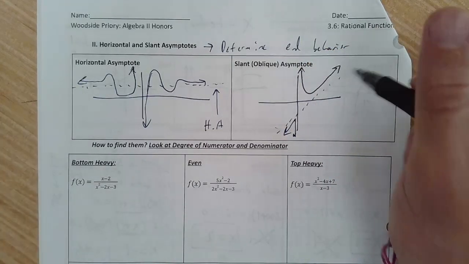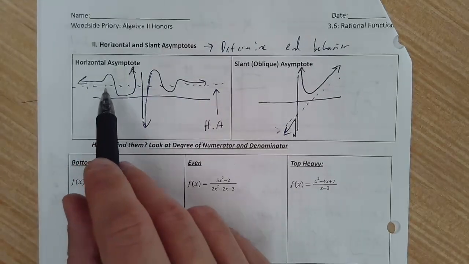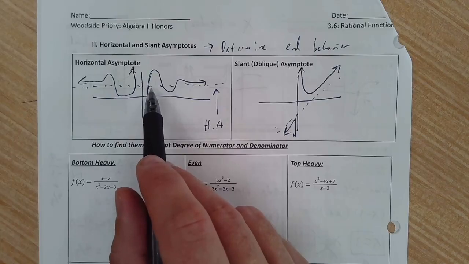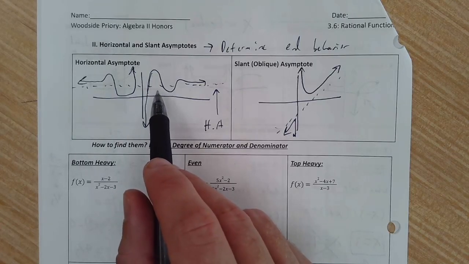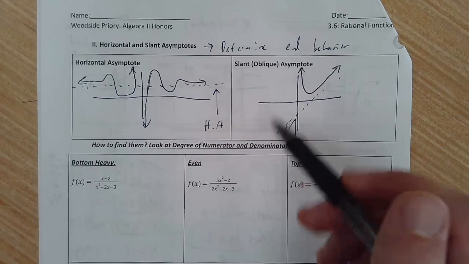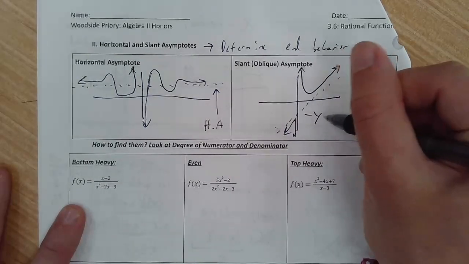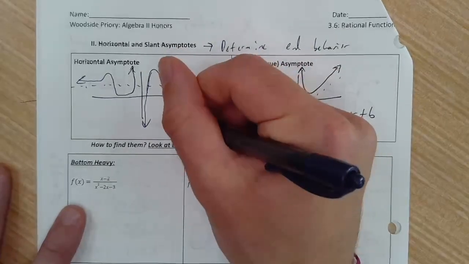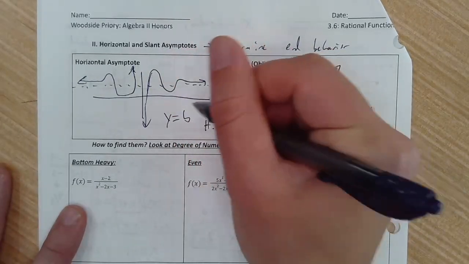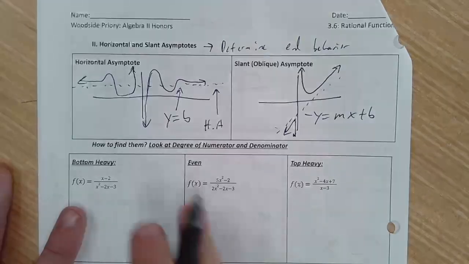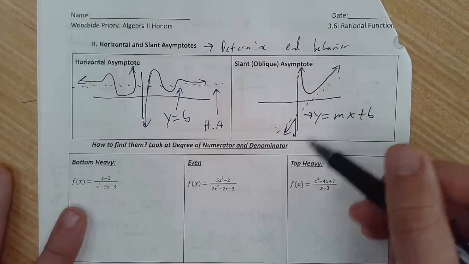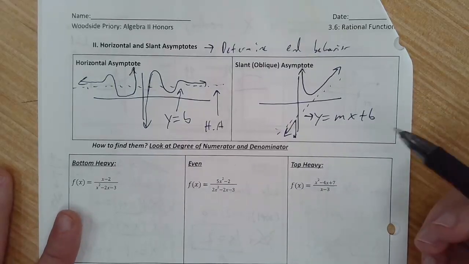But unlike a horizontal asymptote, it's linear. This is a y equals mx plus b, whereas a horizontal asymptote will just be a y equals b. It's just a horizontal line, whereas the slant asymptote is a linear equation, it has a slope.